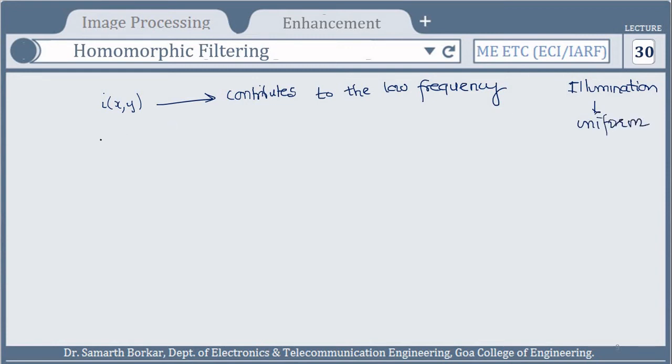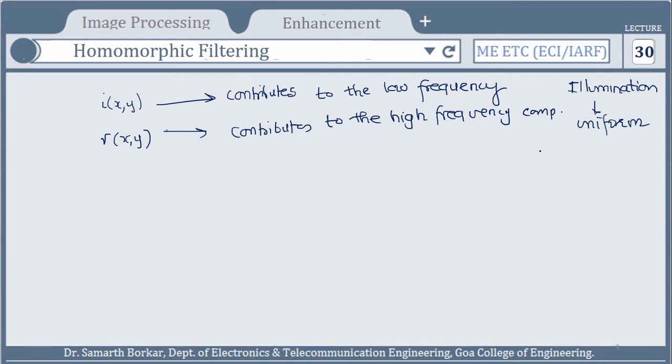Fine, and r of x comma y contributes to the high frequency components. Now what is the reason for this?